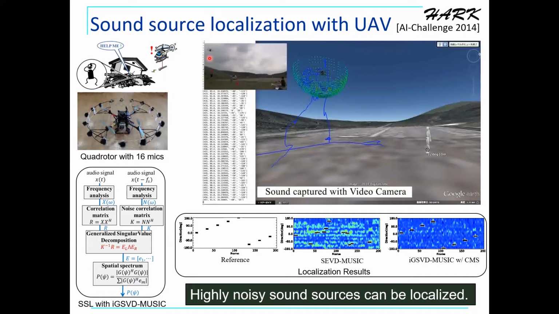We first recorded this scene, and after that, we analyzed the recorded sound of flying. The reconstructed scene is shown here. When the drone localizes the utterance successfully, you can see a red line here, which shows the direction of the detected sound source. Okay, please watch this movie.